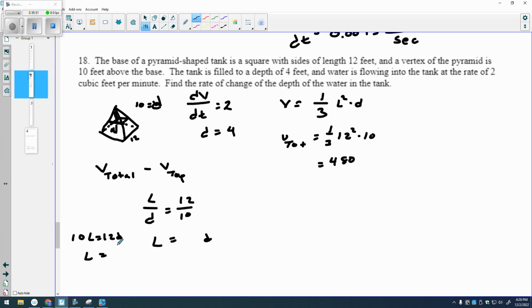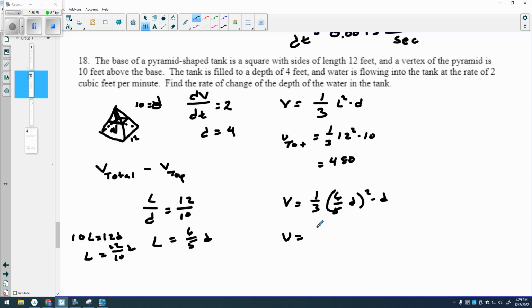So this is going to be 12 over 10, which is 6 over 5. All right, so there's my length and my relationship between length and depth. So the volume of the top pyramid is going to be 1/3 length, which is 6/5 D, squared times D. Do a little quick calculation.